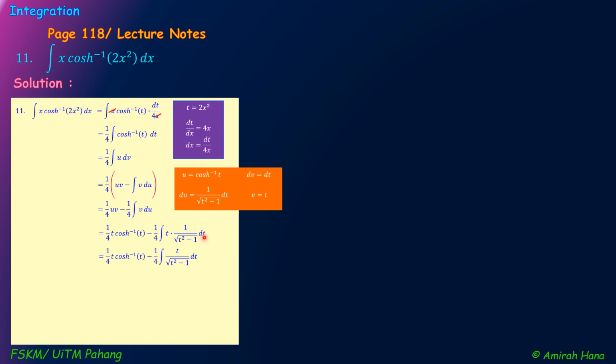This one has no integration sign, so no need to integrate, we just copy. And we have minus 1 over 4, a constant. T is a variable, so we cannot move it out. Remember, never move a variable out of the integration sign. Only constants can be moved out. So here we get t over square root of t squared minus 1 dt.